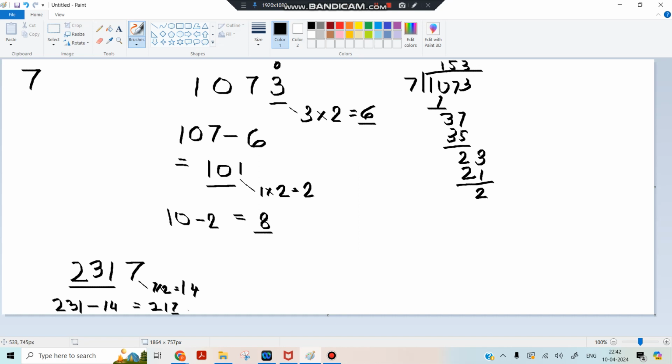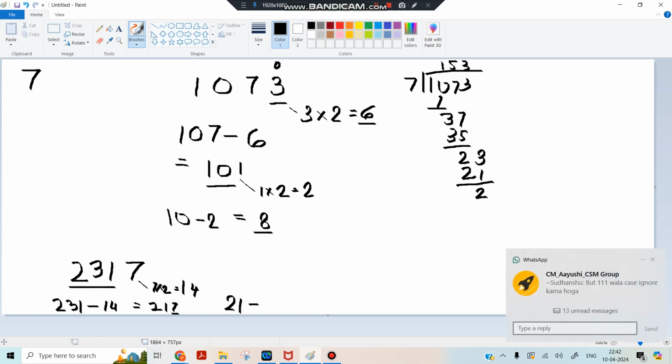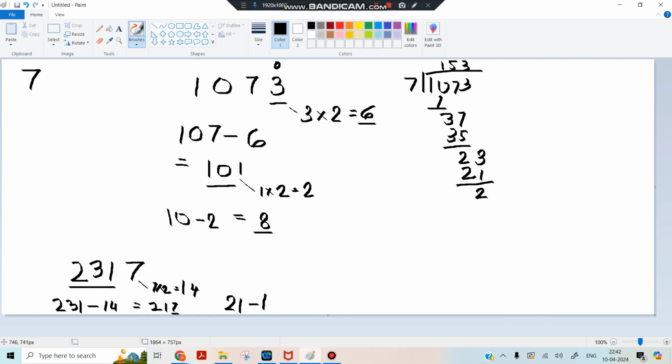Again we repeat the step. The last digit is 7. Other two digits are 2 and 1. So 21 minus 14, which gives us 7. So 7 is a multiple of 7, which proves that this number 2317 is divisible by 7.